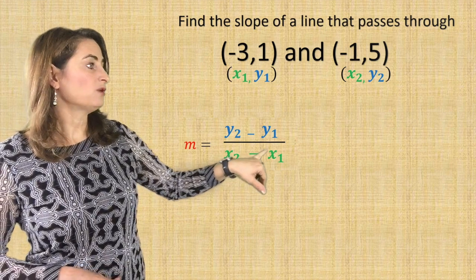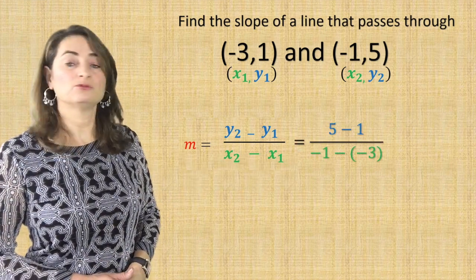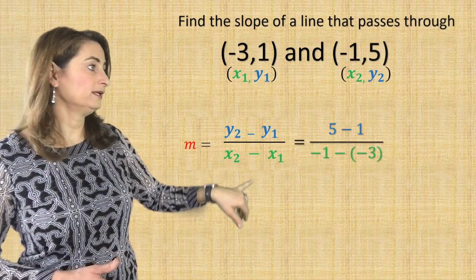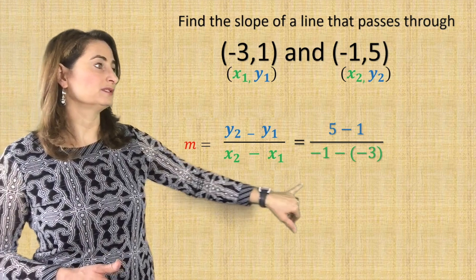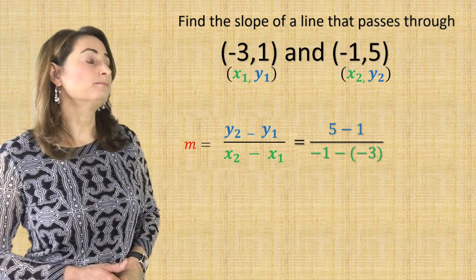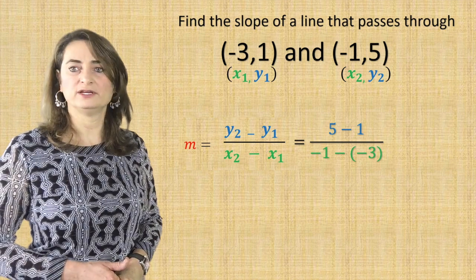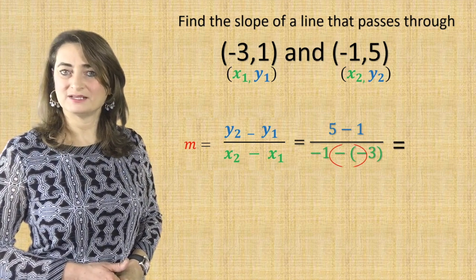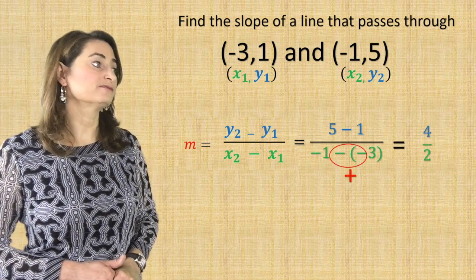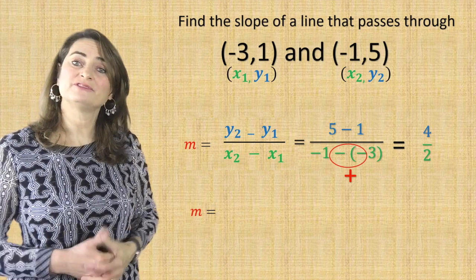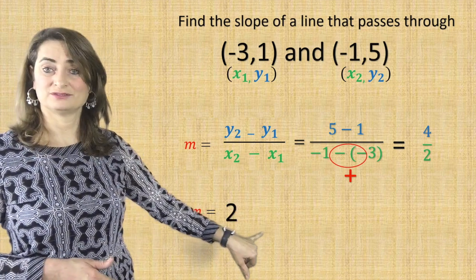So substitute y2 with 5, y1 with 1, so 5 minus 1, and the x2 is negative 1, minus x1, which is negative 3. But subtracting a negative is the same as adding. So the slope is 4 over 2, but when I simplify that, I get 2.